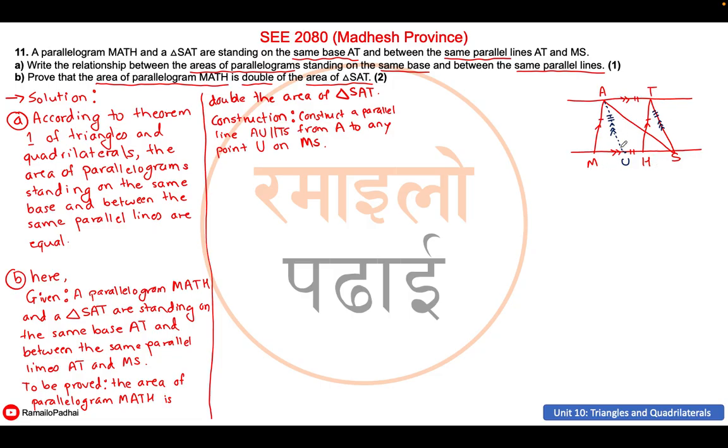Because to become parallel, there is only one point where A can connect to U. Okay, so this is what it is.